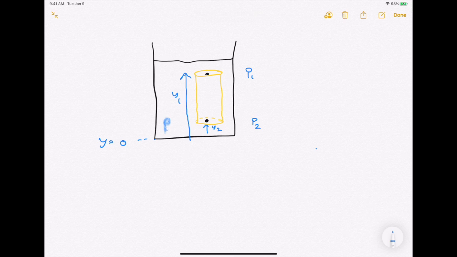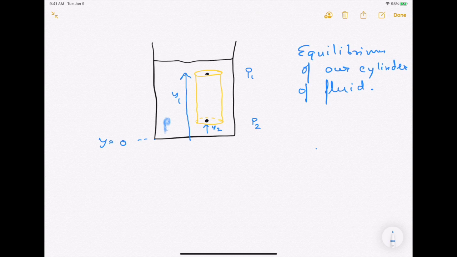So anyway, all right. So let us consider the equilibrium of our cylinder of water, I should say fluid rather than water to be more general. So this yellow cylinder is just, the fluid is entirely at rest, right?